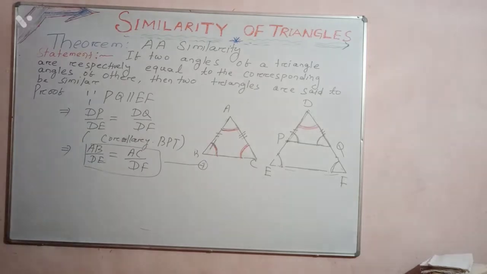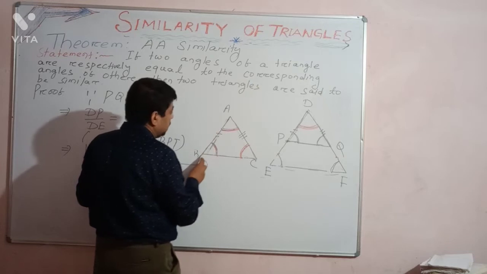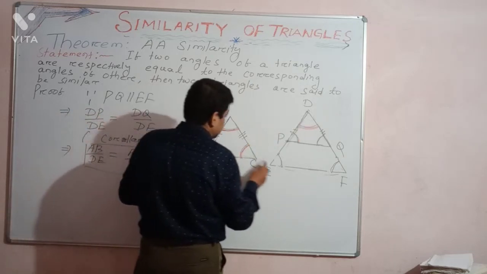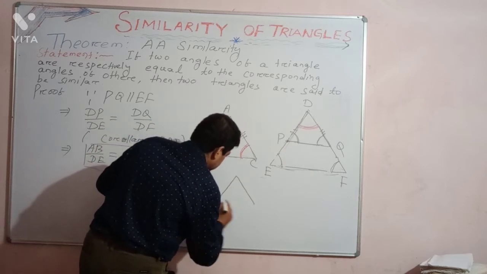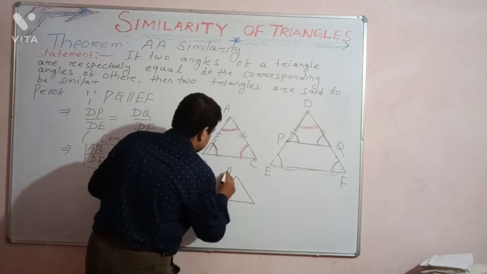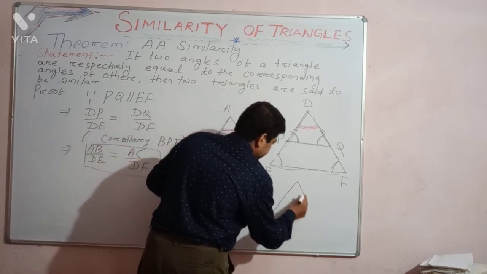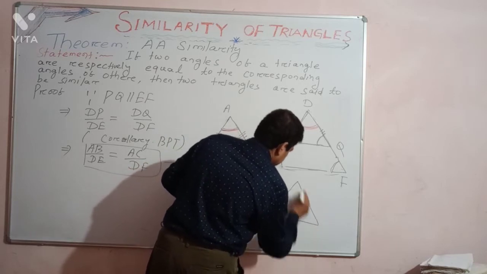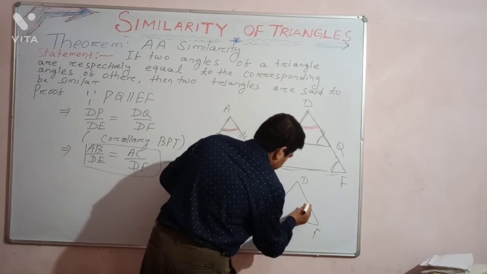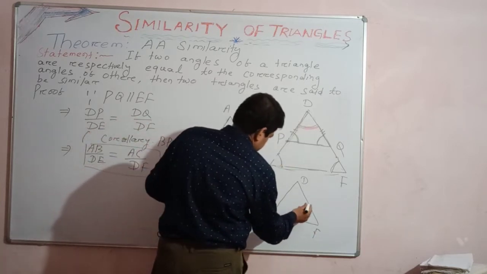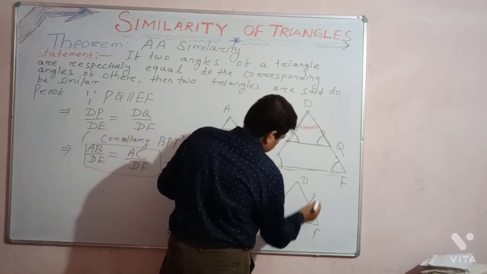Similarly, you can prove that AB by DE is equal to BC by EF. How? Suppose this is the triangle ABC and this is the triangle DEF. If you take a similar construction, let P be a point on DE.